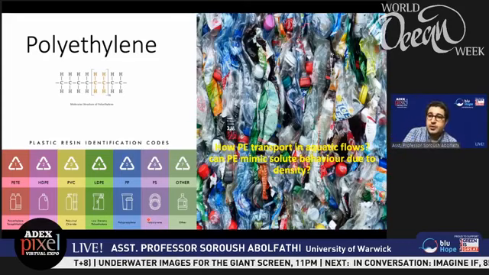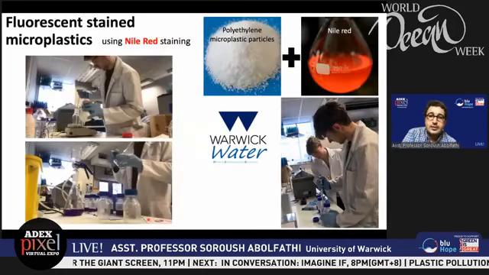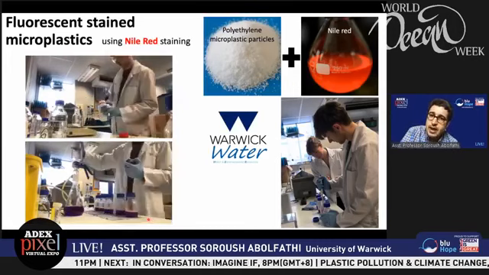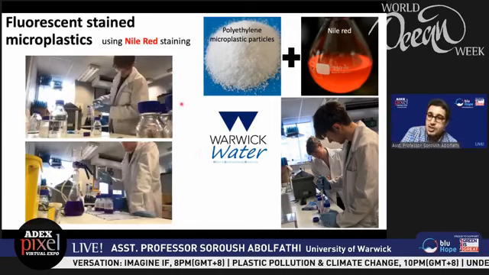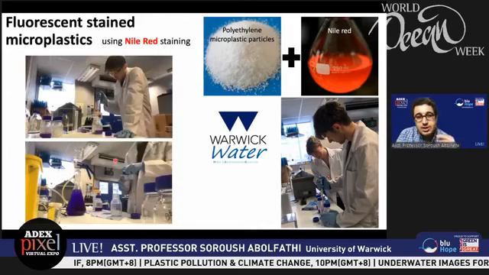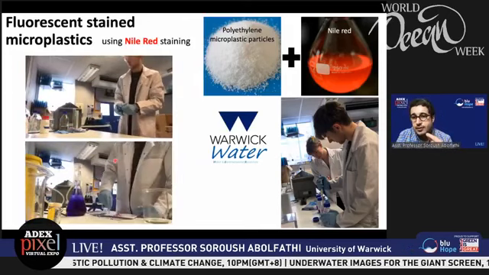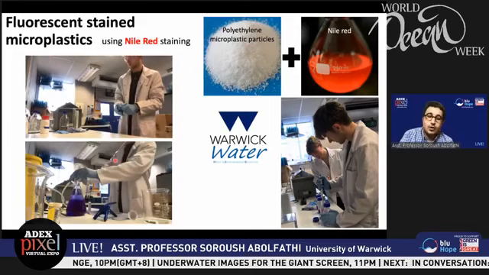So this is what we did. At Warwick Water, we use a specific type of dye called Nile red, and we had a powder of polyethylene. On the left, what you see is Jake. Jake is injecting Nile red into polyethylene. So polyethylene will have a fluorescence property so that we can trace it in the environment.